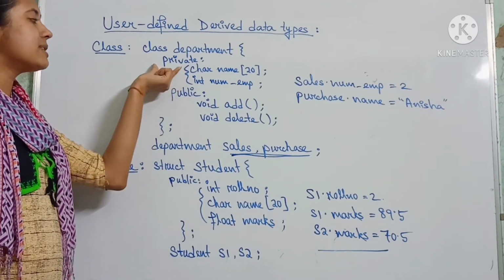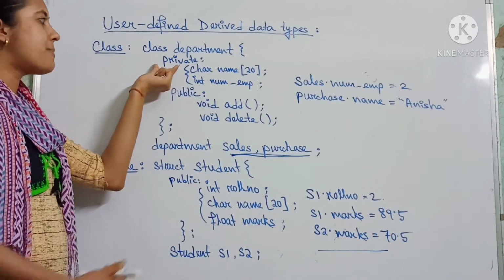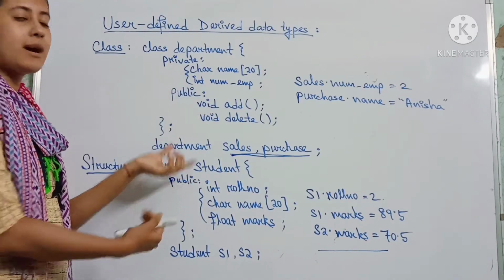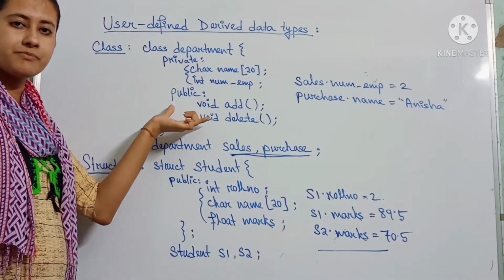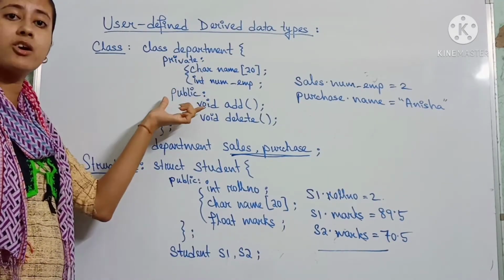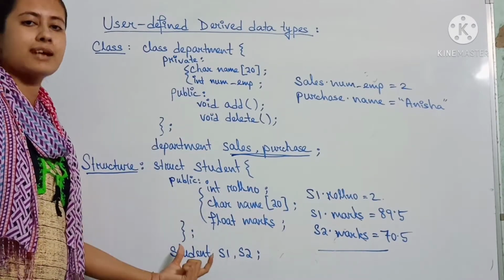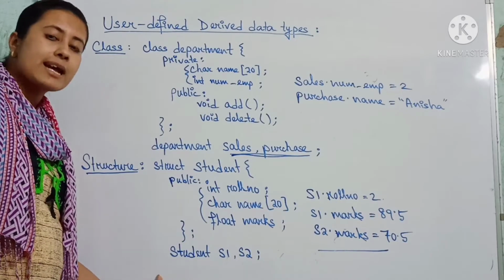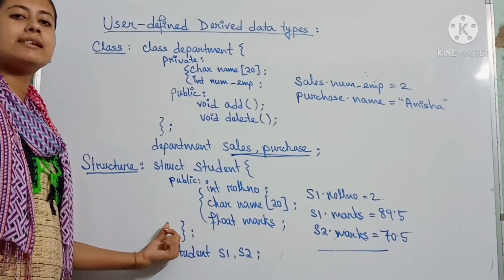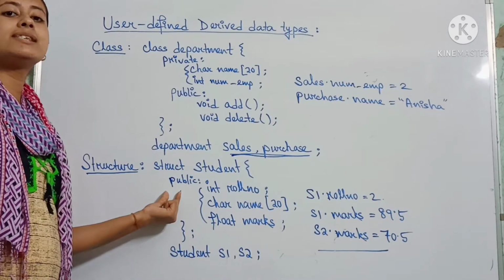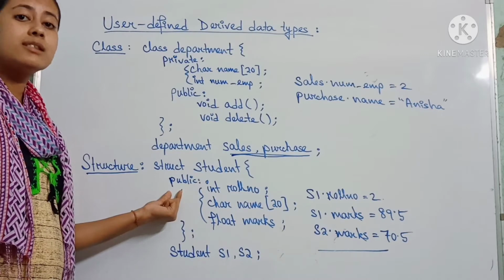Because the visibility mode is private. Private means no other data members outside the class can access these data members, so data is secure. But public means anyone from outside the class, any data member or member function, can access this data easily. That's why security is not there in structure. So this is the third difference.